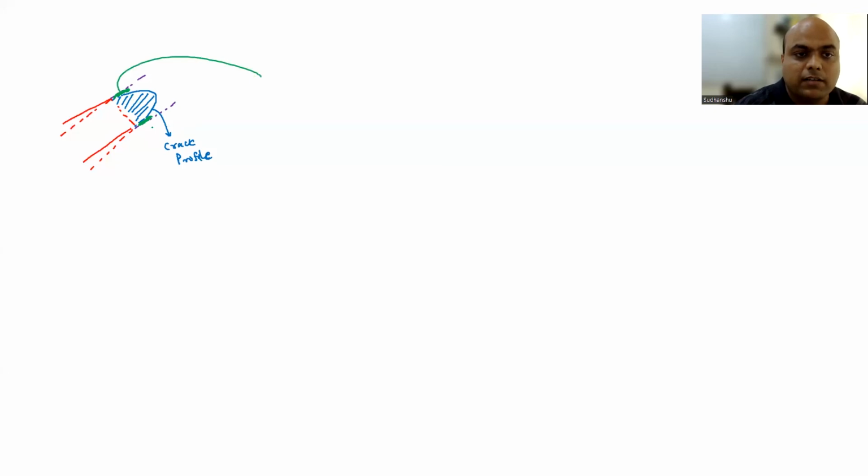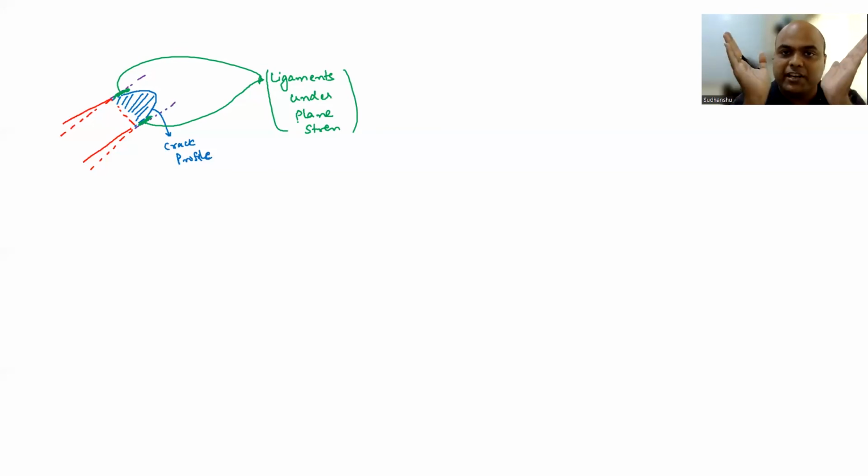So these two are now under plane stress. What will happen if it is under plane stress? Correlate with your cup and cone failure: you are going to form shear lip, right? So inside you have a flat surface and then you form shear lip at the corner. So now if you draw the 3D profile, you are going to see something like this.